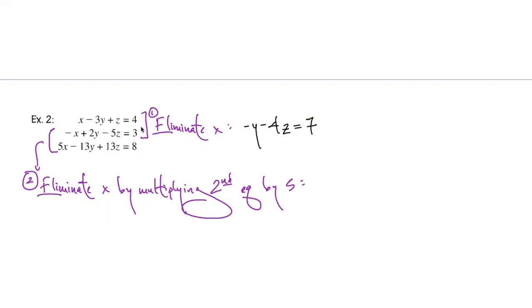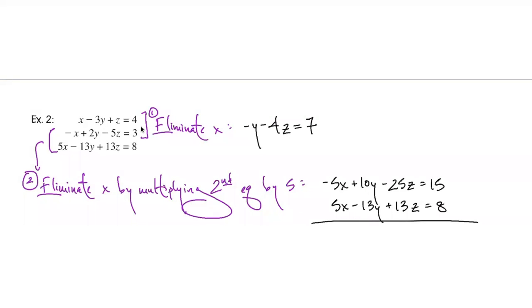All right, so let me actually multiply by 5: negative 5x plus 10y minus 25z equals 15. Yep, I think I multiplied everything by 5, right? I didn't forget to multiply that right-hand side like I did last time. And I can stack that on top of that third equation. Add them together, we get negative 3y minus 12z equals 23.